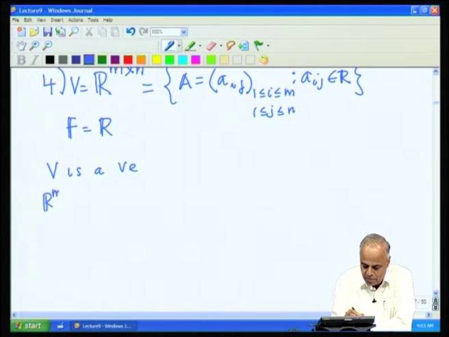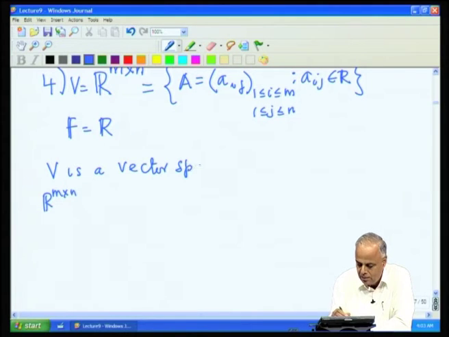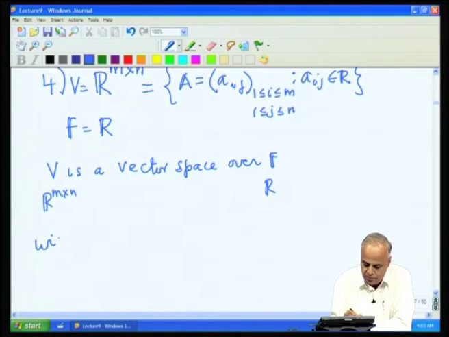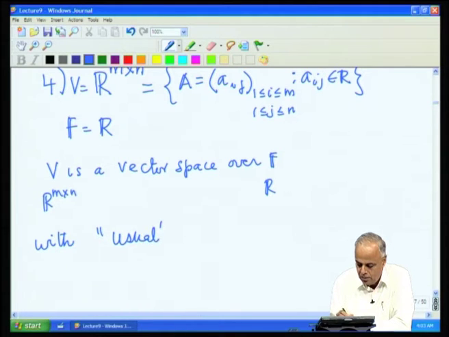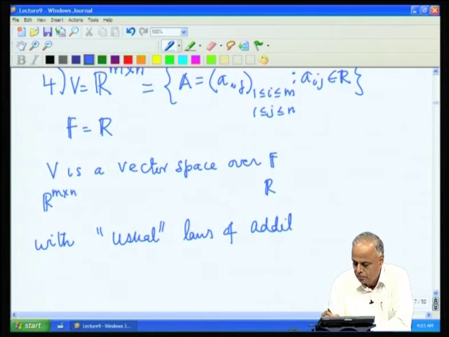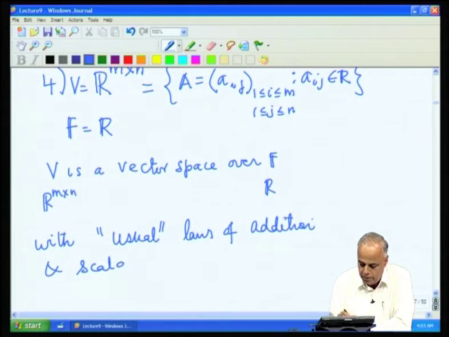R^(m cross n) is a vector space over F. What is F? R with the usual laws of addition and scalar multiplication of matrices.